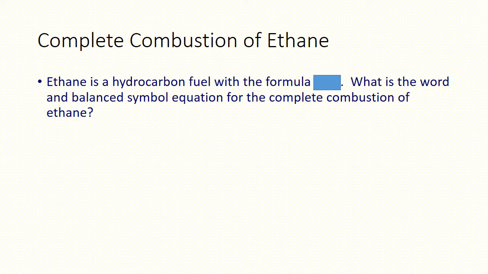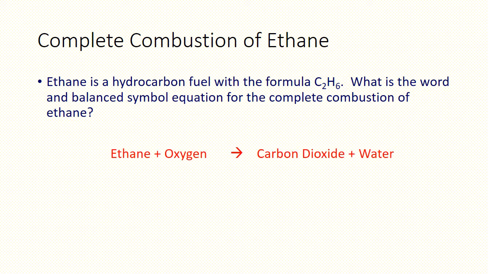But first off, ethane, 2 carbons, so work out the formula. So 2 times by 2 is 4, plus 2 is 6, so C2H6. So now have a go at the equations. So ethane plus oxygen goes to form carbon dioxide and water. 2 carbons here, so we need 2 CO2 molecules.